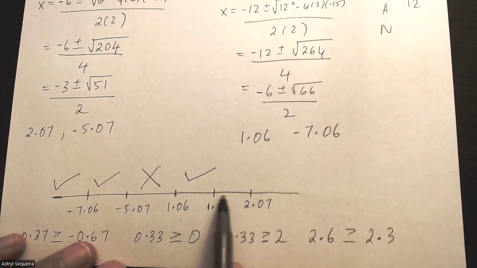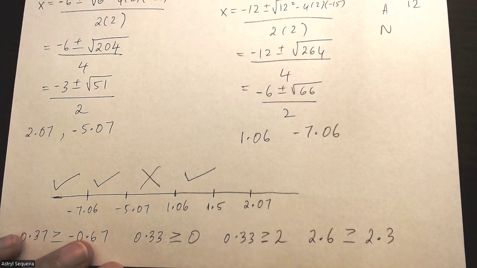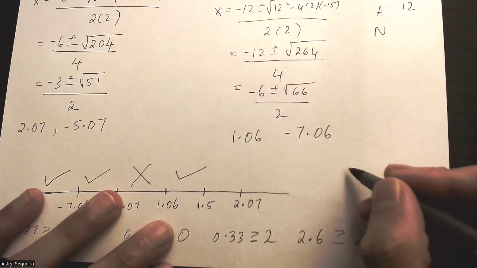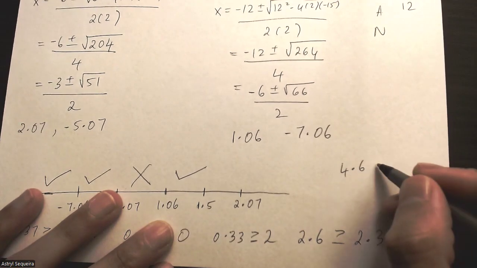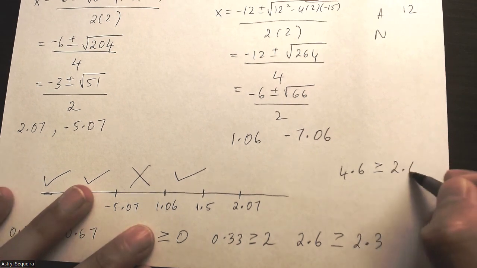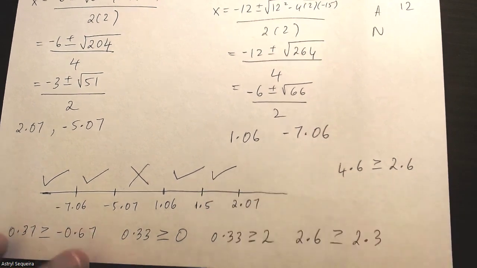And then I have to test between these two values. So I'll sub in 1.8. If I sub in 1.8 into the first equation, I get 4.6. And if I sub it into the second equation, I get 2.6. So again, this interval here is true.